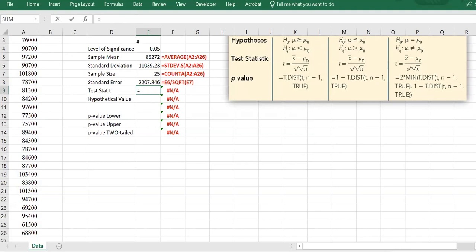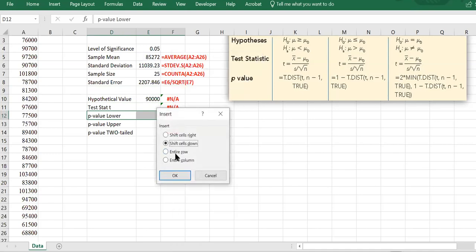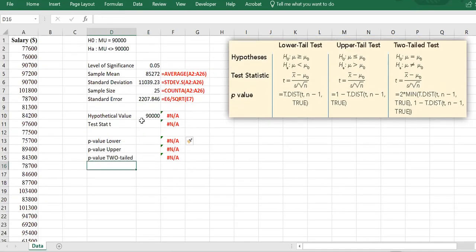Now the test statistic is X bar, the sample mean, minus the hypothetical value, which is 90,000, divided by the standard error.